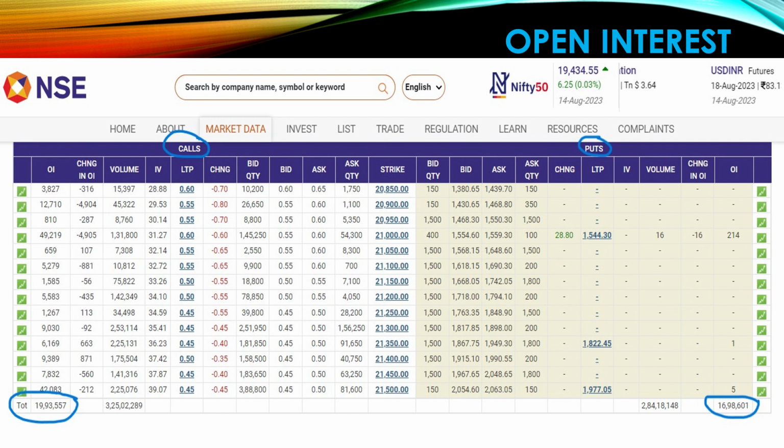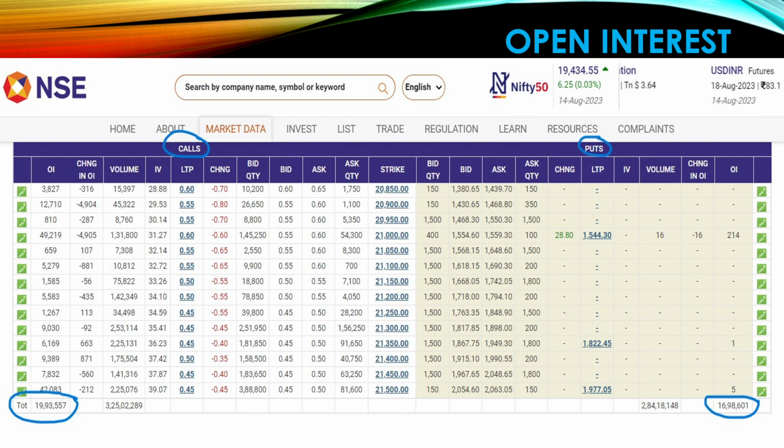It means call contracts are more than put contracts, because call contracts are 19,93,557 when put contracts are 16,98,601. So based on this, you will calculate the put call ratio, which will help you to read the market properly.